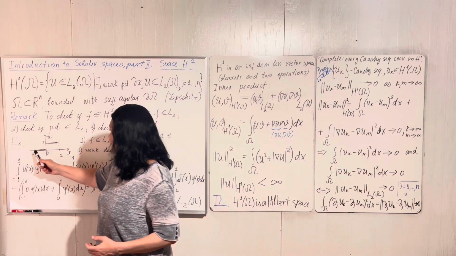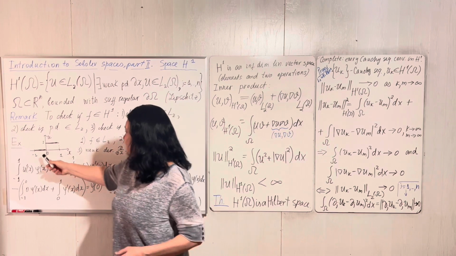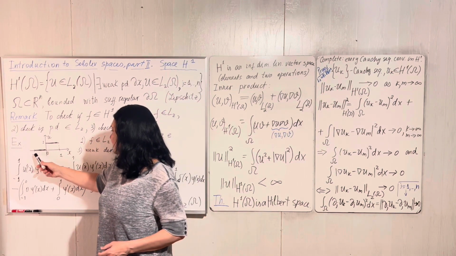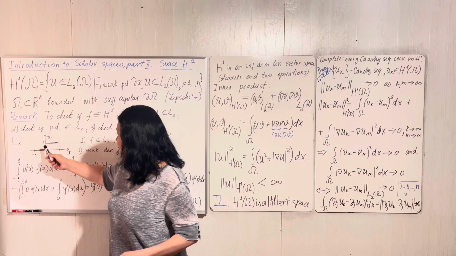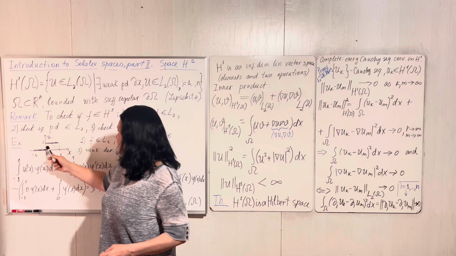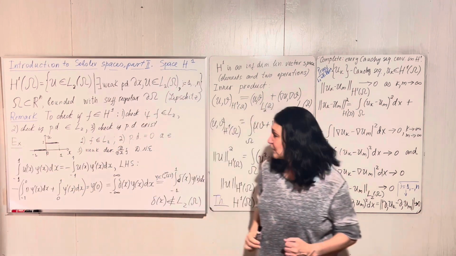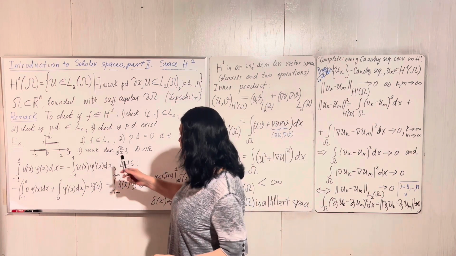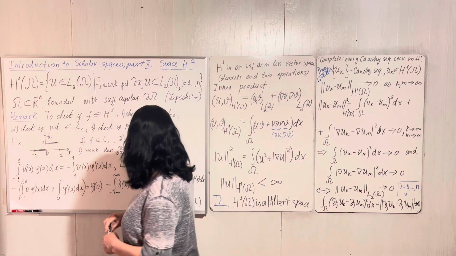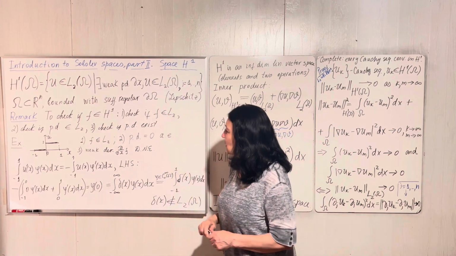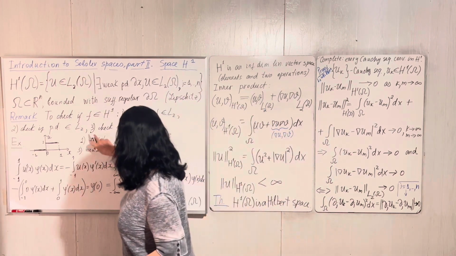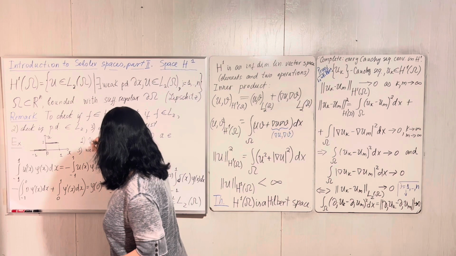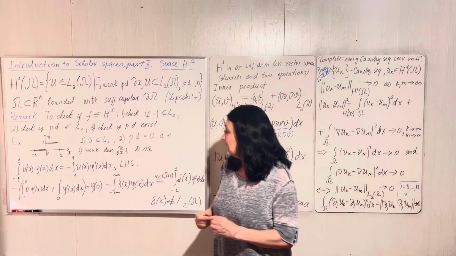Let's look at this function that equals 0 on the interval from -1 to 0 and equals 1 from 0 to 1. So this is a step function, the Heaviside function. If we look at this function u, we see that it is in L2.